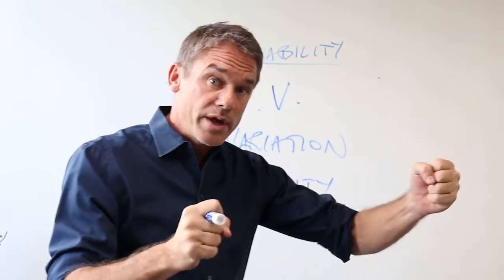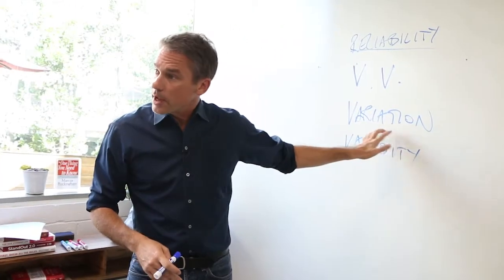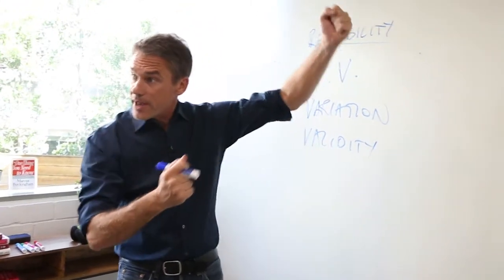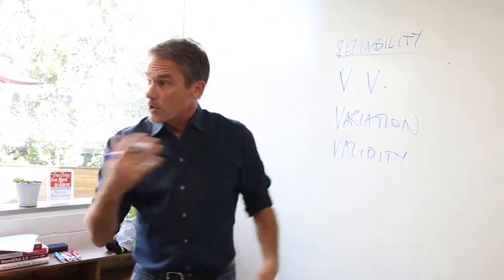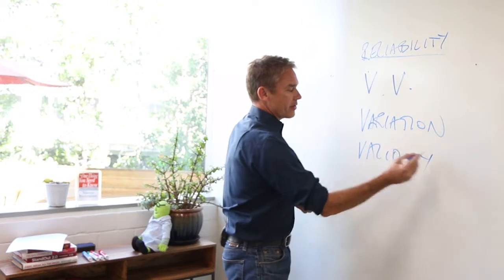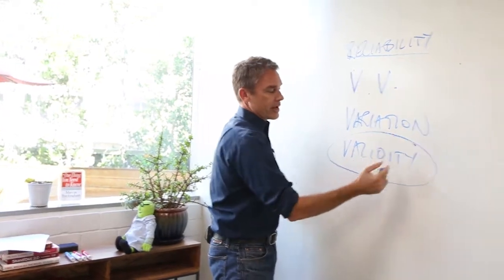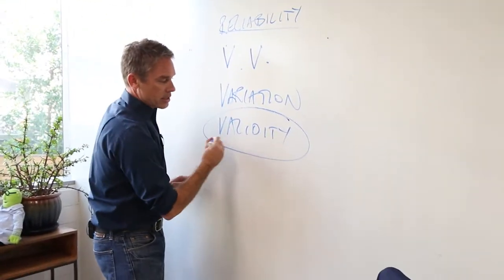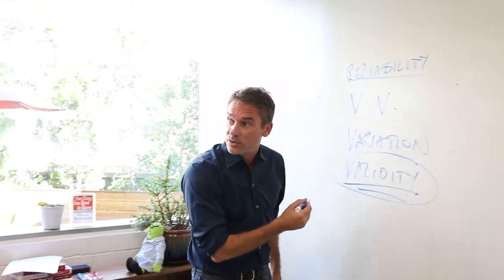When you do that, and you've created a question or a series of questions that create variation, your next question is, all right, does the variation that I've created actually relate to something that is valid in the real world?